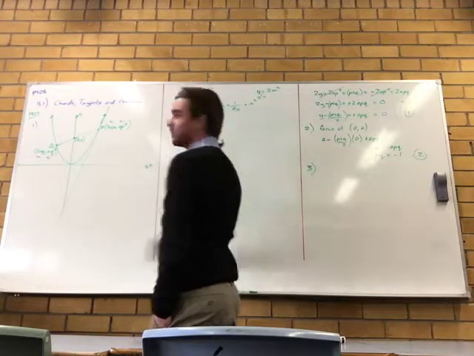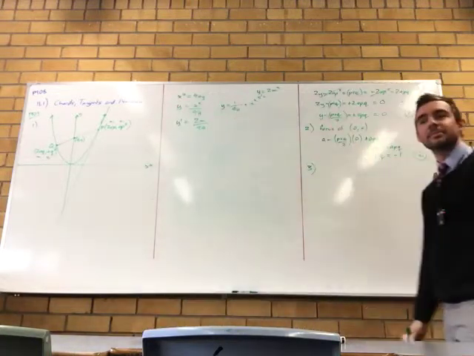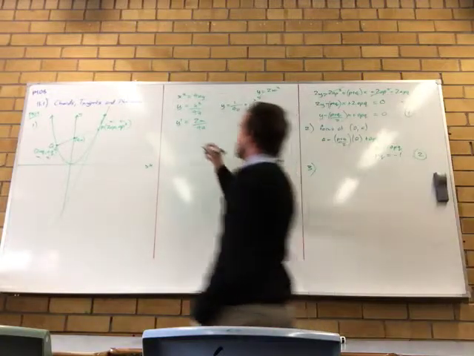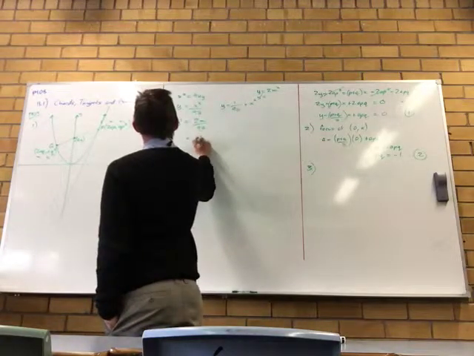Oh wait, we're still in y equals. So it's 1 over 4a. No, 2. 1 over 2a at the front of x. Yes, which simplifies to x on 2a.